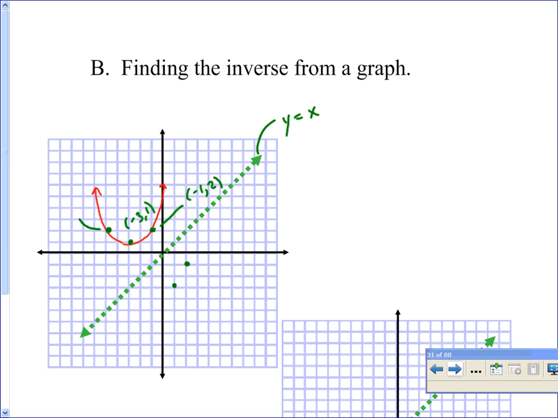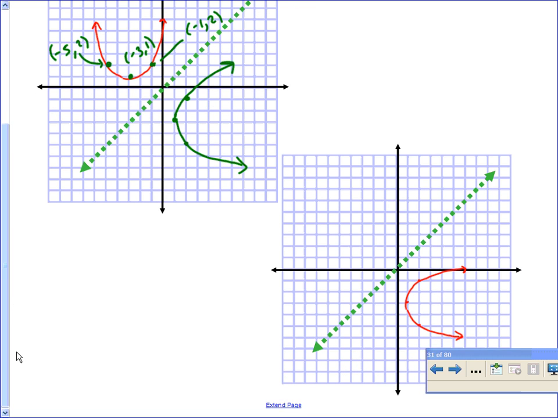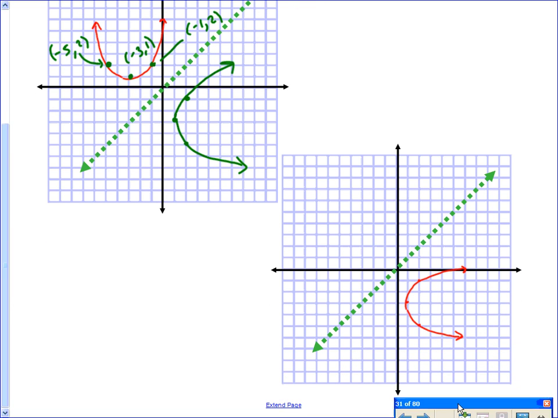And then we have the point (-5, 2), so the inverse is going to be the point (2, -5). Then we can graph the inverse from those points. That's not perfect, but you can see that it's the reflection across the line y equals x.